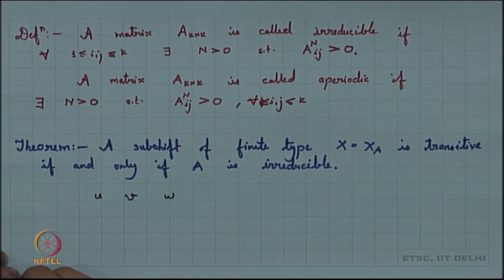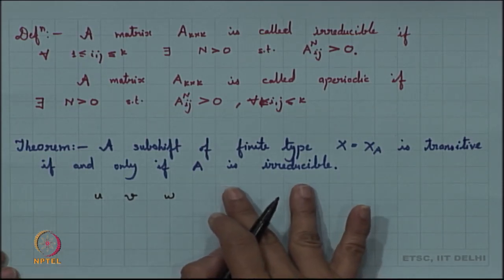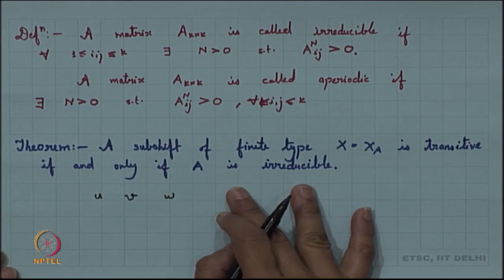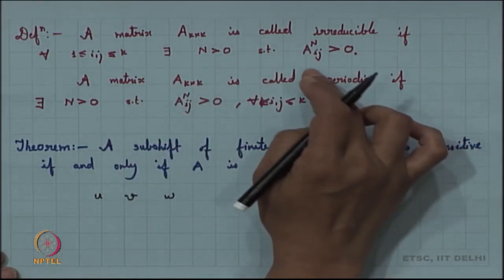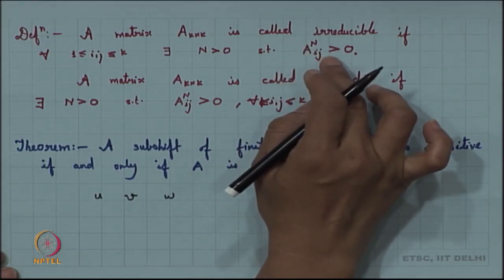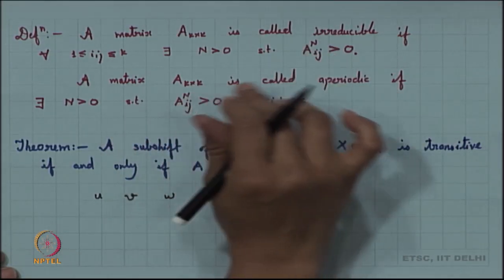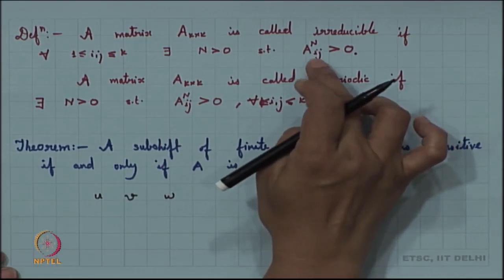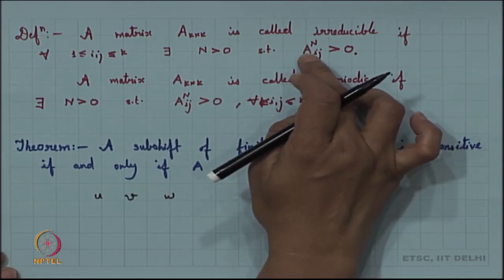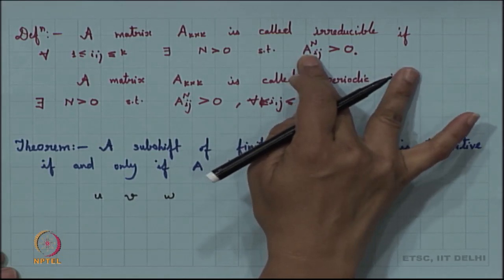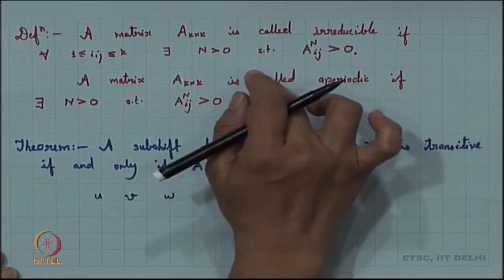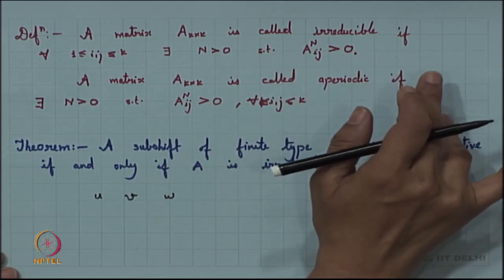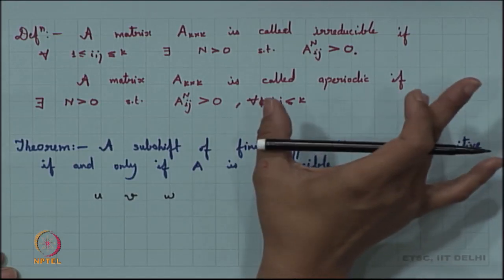And what does it mean by saying that A is irreducible? It means that whenever I take an i and j, there exists an n such that this is strictly positive. What does that mean? That basically means that you start with a vertex i, you take another vertex j, there will always be a path from the vertex i to the vertex j, maybe of length n.